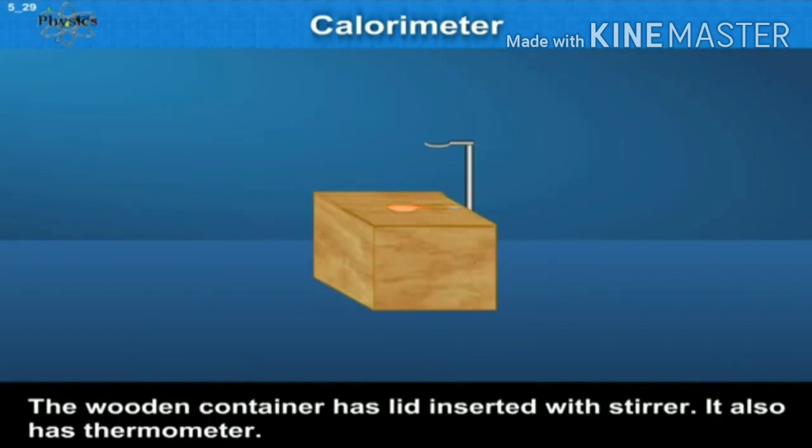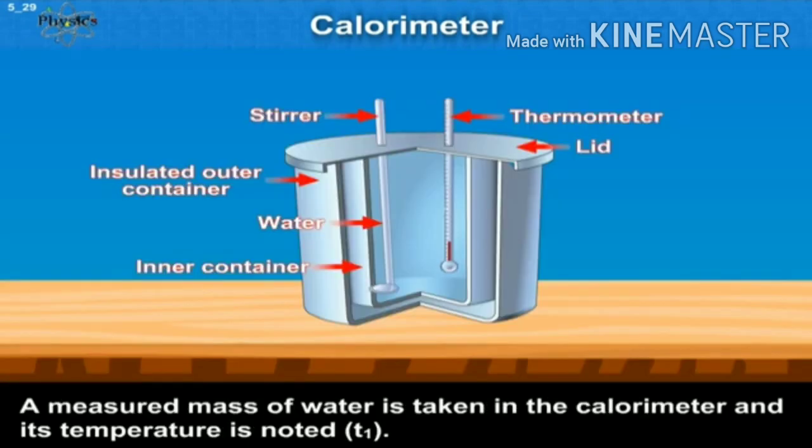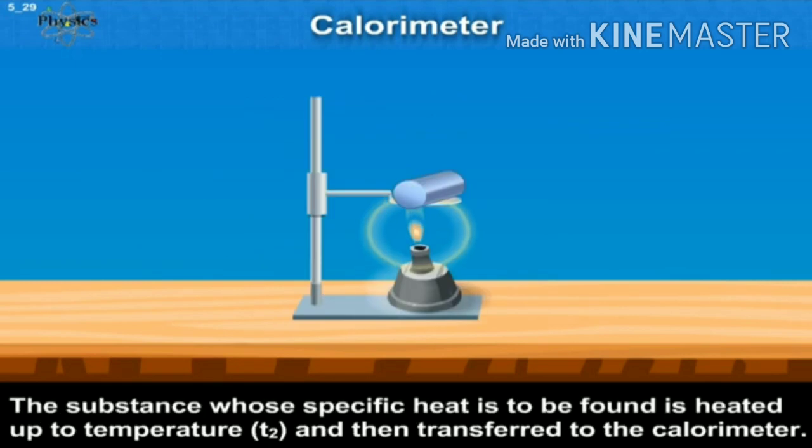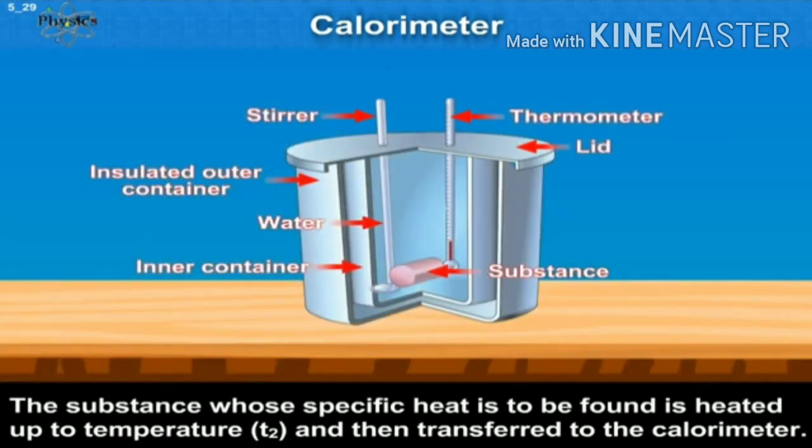The wooden container has a lid inserted with a stirrer, and it also has a thermometer. A measured mass of water is taken in the calorimeter and its temperature is noted, T1. The substance whose specific heat is to be found is heated up to temperature T2 and then transferred to the calorimeter.